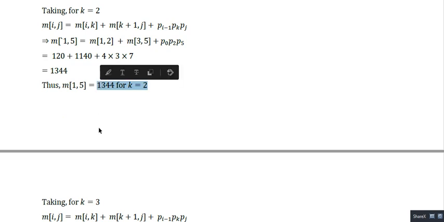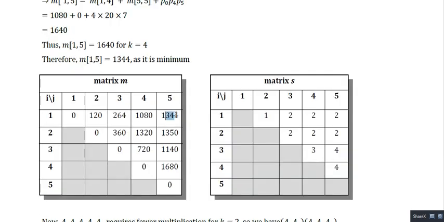Okay, so you can place 1344 for K equal to 2. Okay, so once you have got these two matrices, the M matrix represents the number of scalar multiplications required for a particular sequence, and this represents the index around which the parenthesization is done, right?